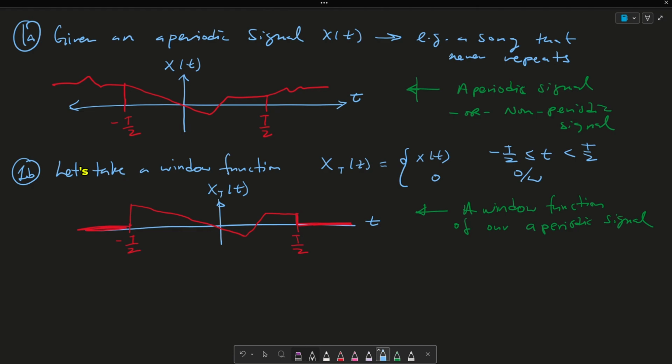The last part of example 1, let me call it 1c, tells us to create a repeating function.